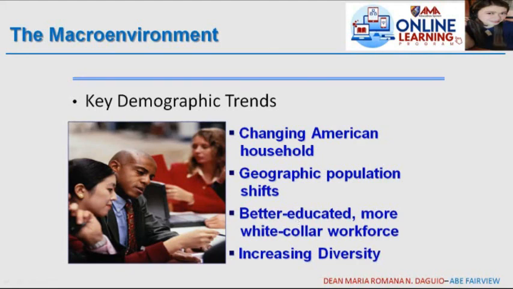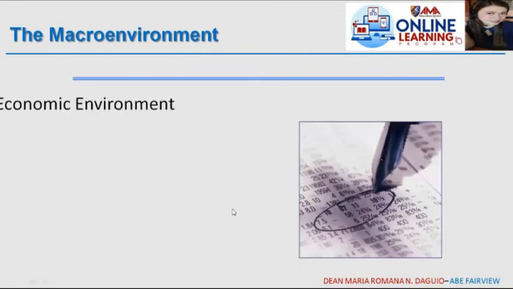Nagiging professional. And because of that, more white-collar workforce. Marami na yung mga nagtatrabaho sa opisina, etc. And increasing diversity. Ano yung diversity? Yung pagkakaiba-iba natin, class. Iba-iba tayo ng kultura, paniniwala, norms, beliefs, etc. Okay? So those are some of the key demographic trends.